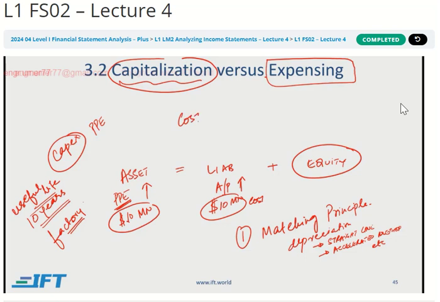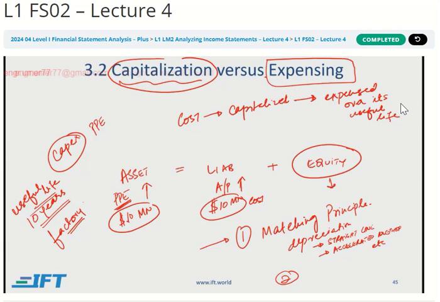The cost will first be capitalized and then expensed over its useful life. So I hope you are understanding this concept, and that is the first reason why we need to capitalize this expense. But the second reason is that we of course want to protect that hit on our equity.